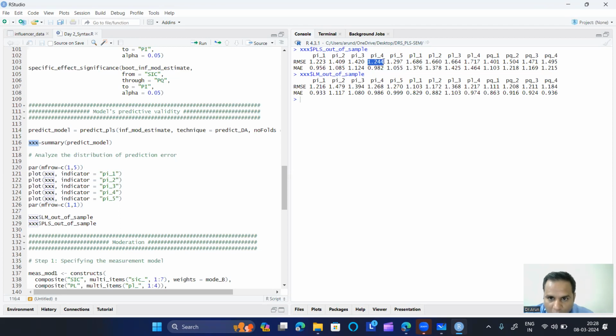Compare 4, 1.244. Here we are winning. So 2 is winning, 4 is winning. 5 should win. Then only we'll say the model has prediction power. See, 5 is 1.297 and this is 1.270. So who is winning? The model lacks prediction power.